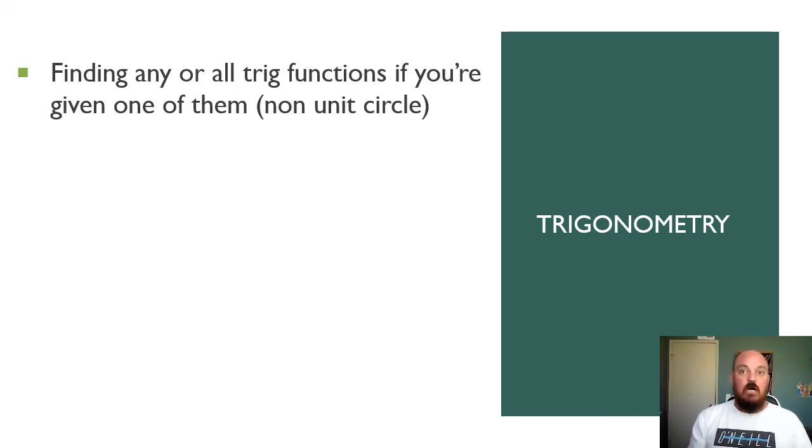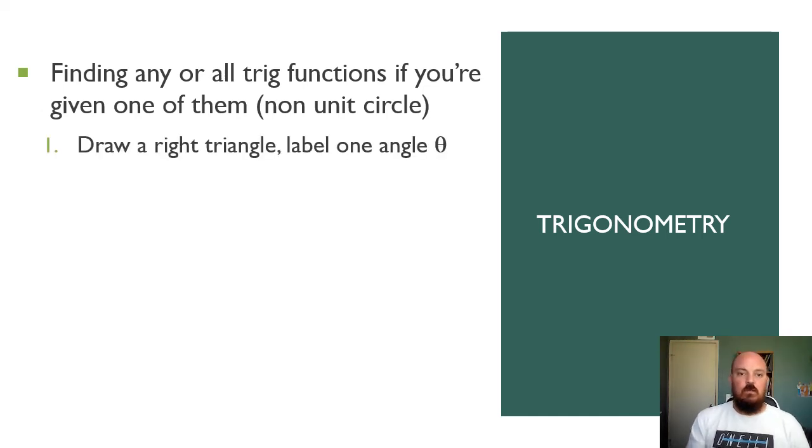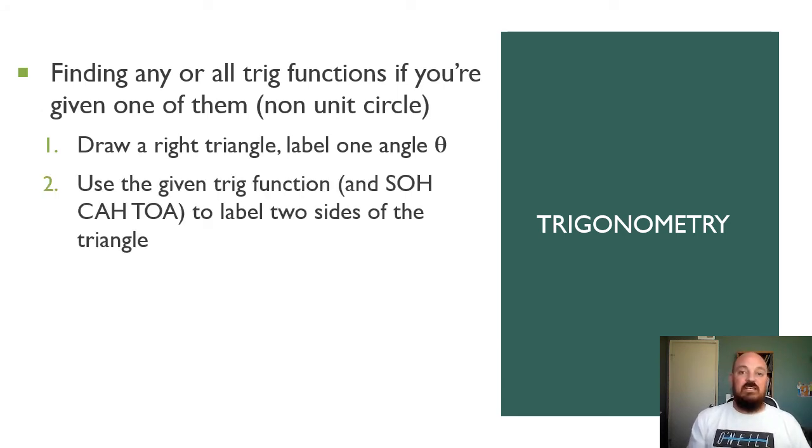What if it's not one of my main angles on the unit circle? So here are the steps. If you can't use the unit circle, your second best choice in trig is SOHCAHTOA. So we're going to draw a right triangle and label one angle theta. We're going to use the given trig function and SOHCAHTOA to label 2 of the sides of the triangle.